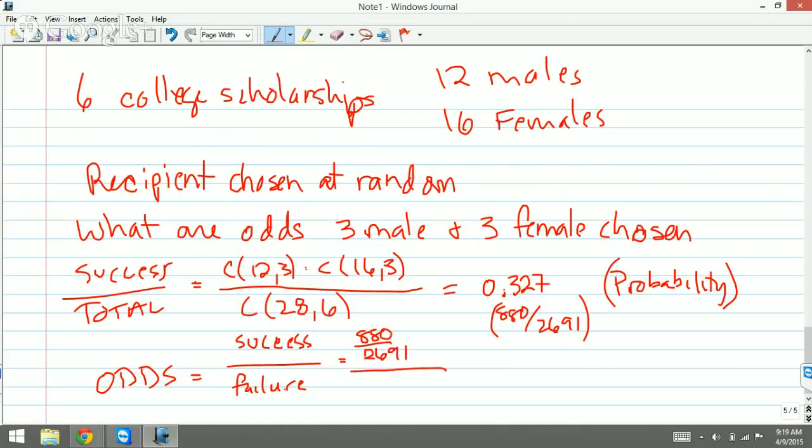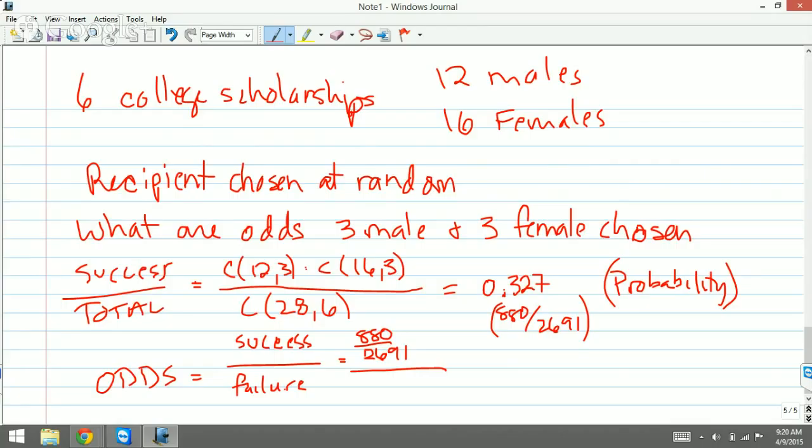What's the probability of failure? How many would be chosen? It's a really nasty problem if you just try to figure it out with the straight numbers.